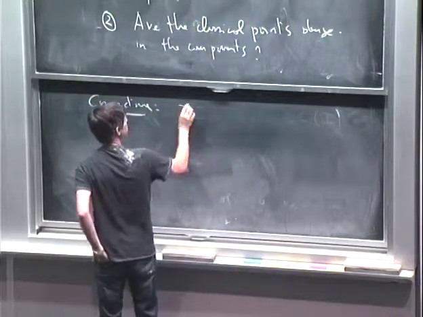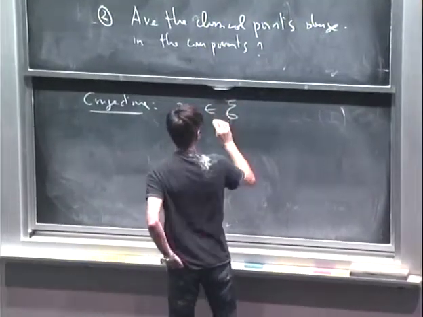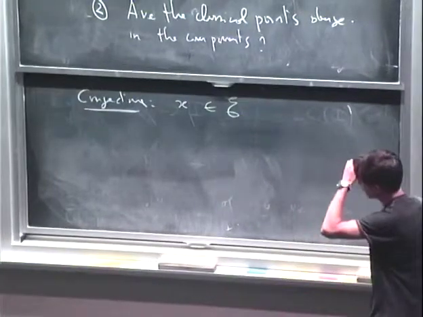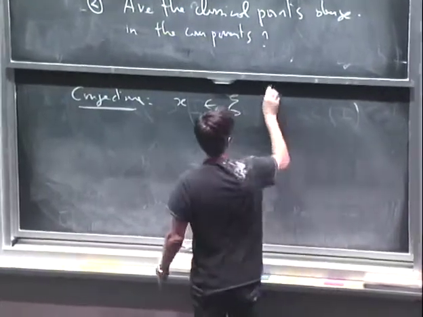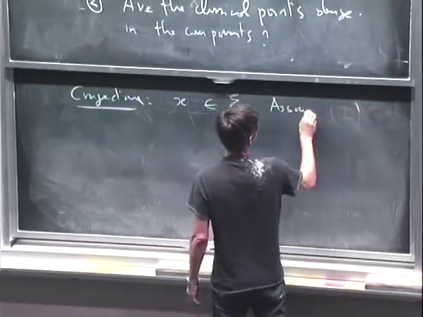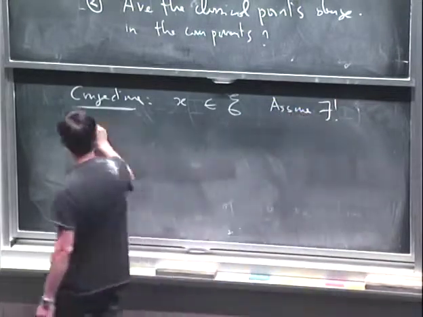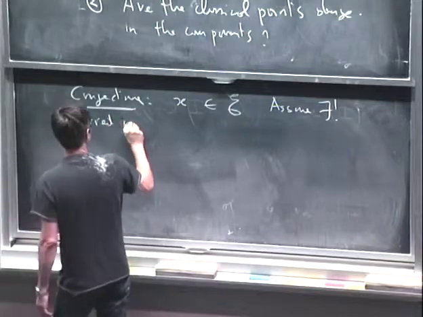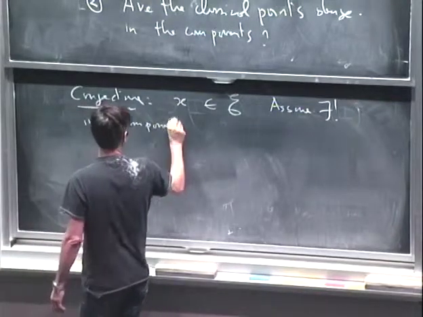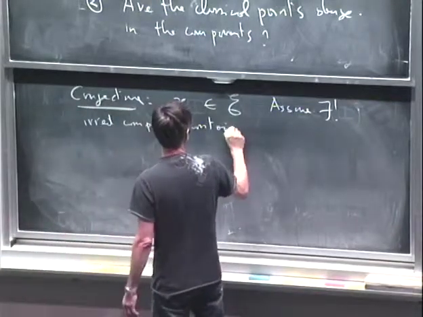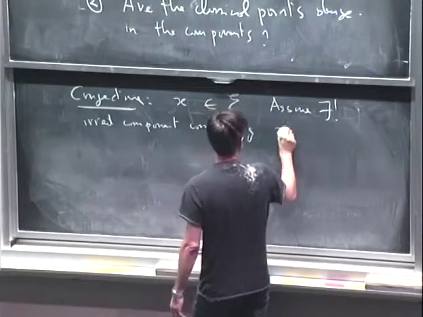So let's take a point x in the eigenvariety and assume that there exists a unique irreducible component containing x.